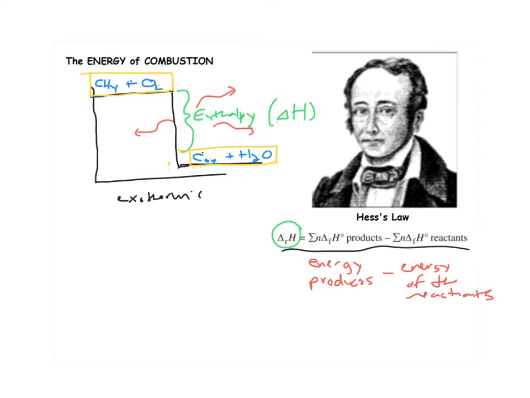So let's look at Hess's law and how we can do that for this reaction. So we have this chemical reaction, CH4 gas plus oxygen gas produces carbon dioxide gas and water vapor, so H2O gas.